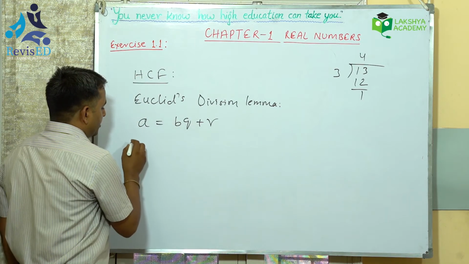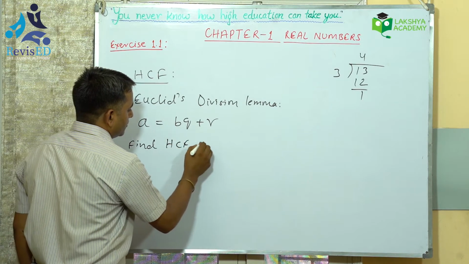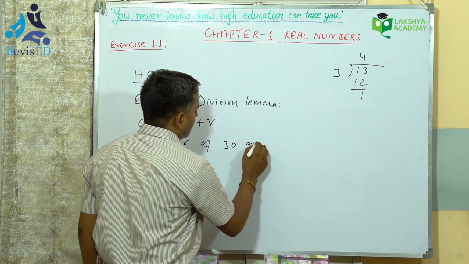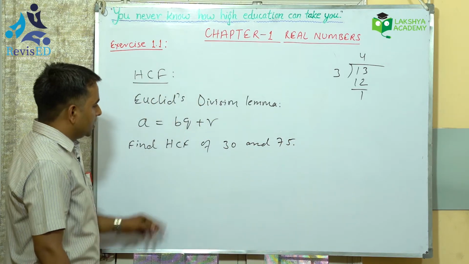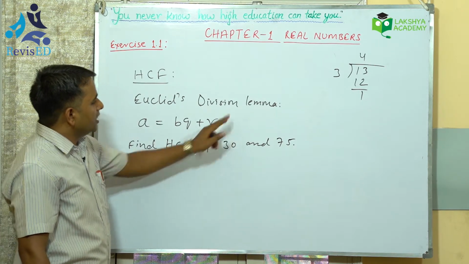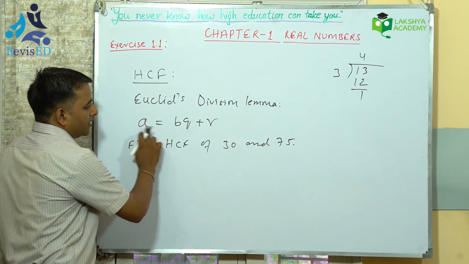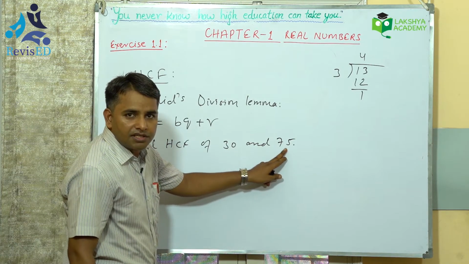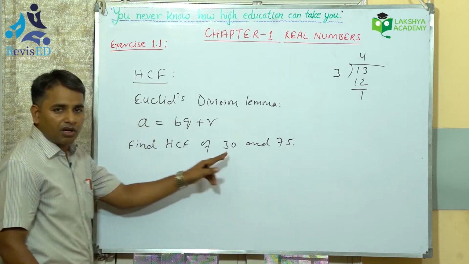Suppose we need to find the HCF of 30 and 75, for example. We will find the HCF using Euclid's division lemma. Here the smaller number is 30 and the greater number is 75, and we always divide the greater number by the smaller number.